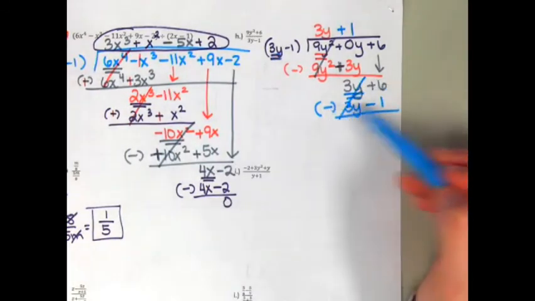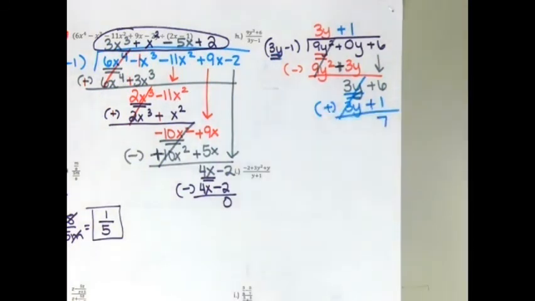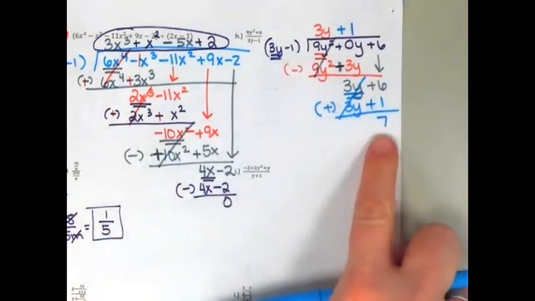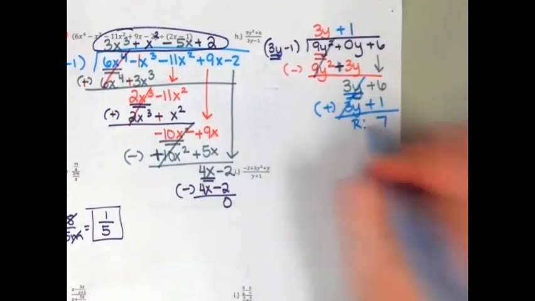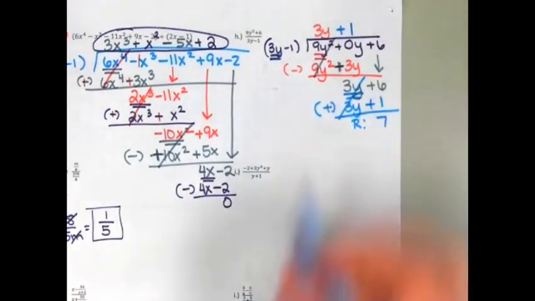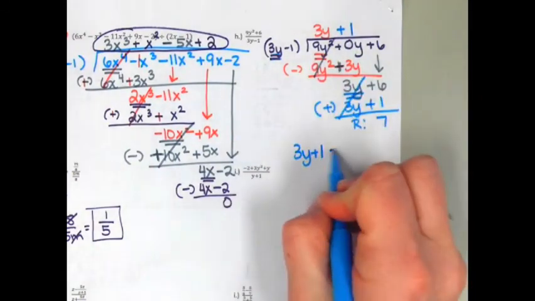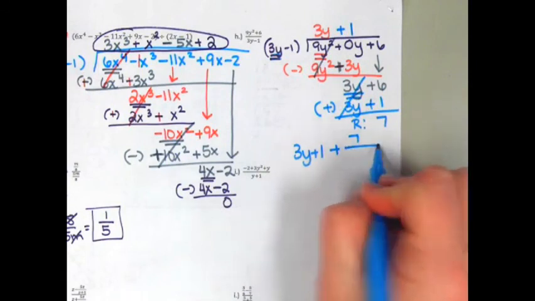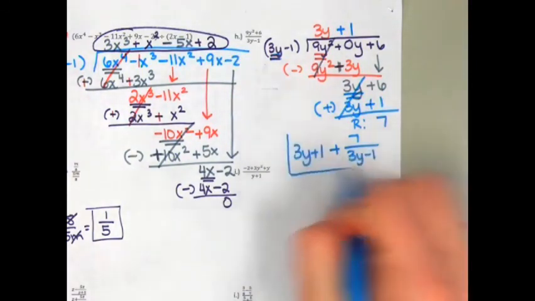And what's 6 minus a negative 1? 7. Yeah, because change, right? Can 3y go into 7? No. So that's my remainder. So what's my final answer? We have 3y plus 1 plus 7 over what? 3y minus 1. There you go.